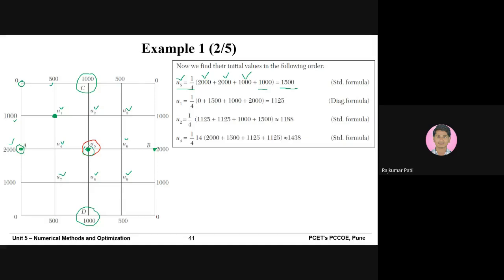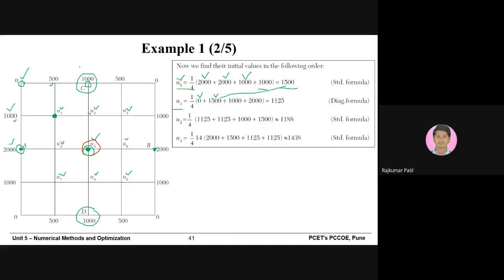So by using diagonal values and the diagonal 5-point formula, you can calculate u1. As you can see, 0 plus 1500, so here u5 is 1500.